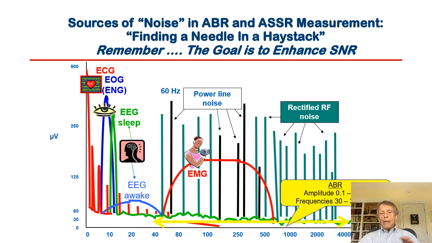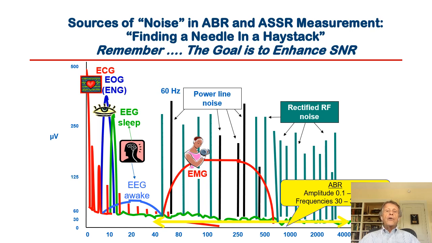You want to eliminate all electrical artifact that you can, and we really haven't had much chance to talk about that, but you want to eliminate electrical artifact that has nothing to do with the patient's brain activity that you're trying to record. In fact, you want to even eliminate brain activity through filtering that won't contribute to the response that you're recording. So you're trying to optimize the measurement conditions.